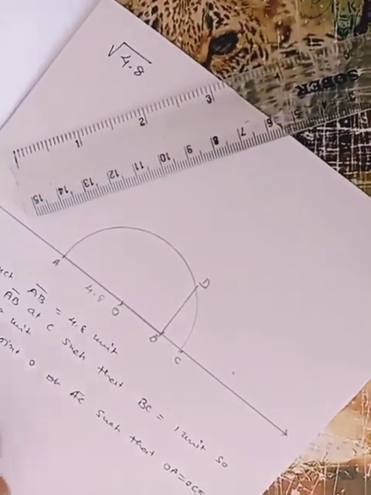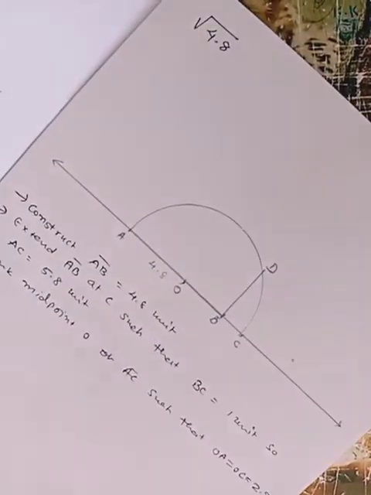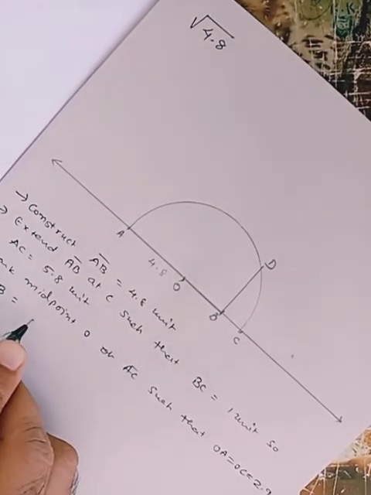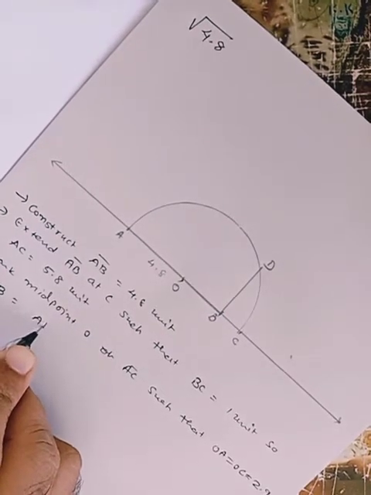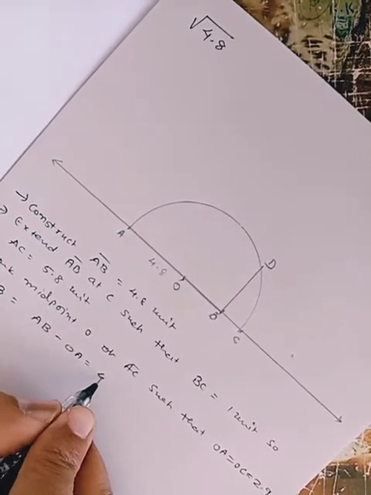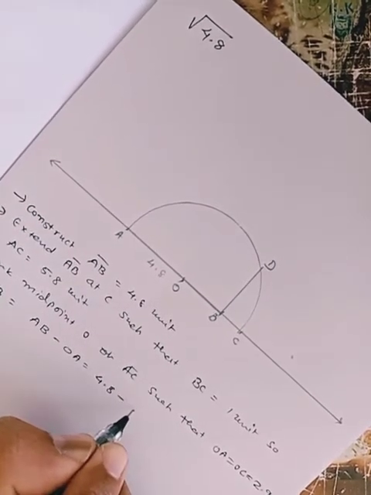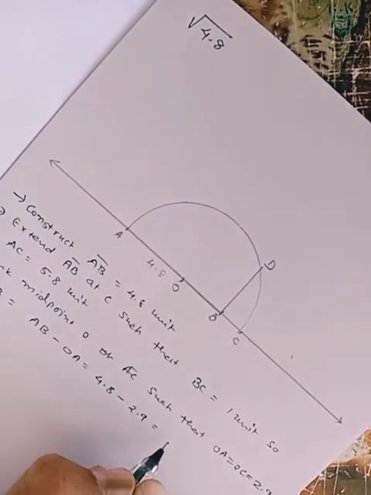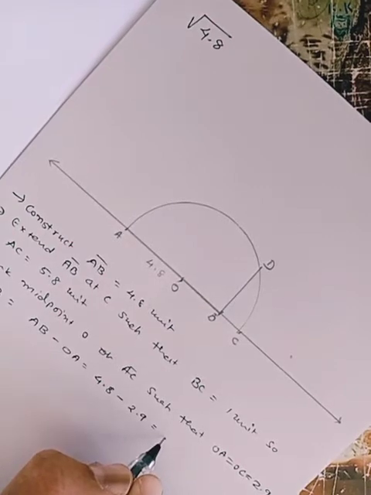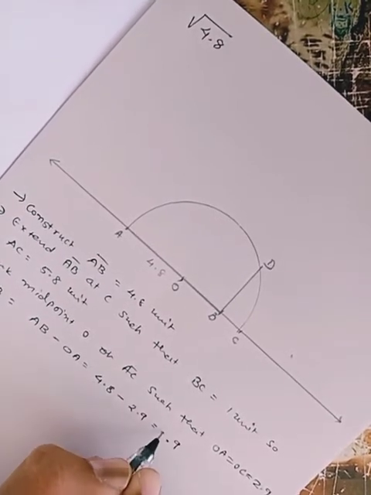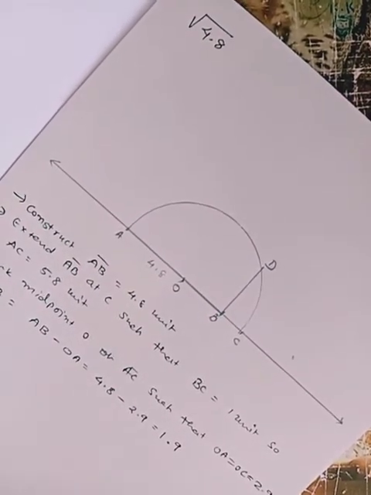So now we will have OB equals AB minus OA, that is the AB length 4.8 minus the OA length 2.9. So that will be 18 minus 9 is 9, and 3 minus 2 is 1, so 1.9.